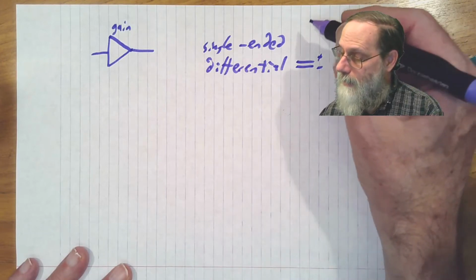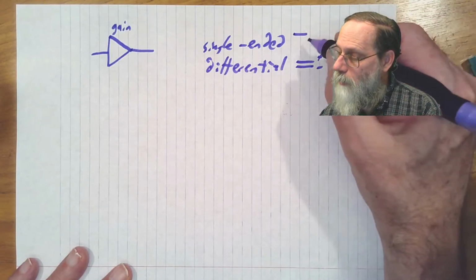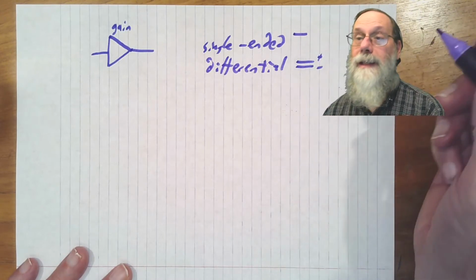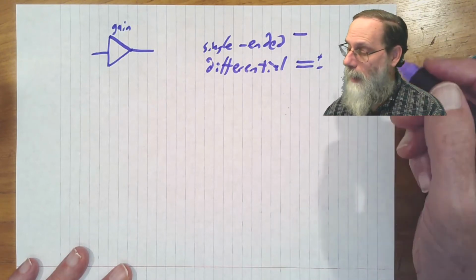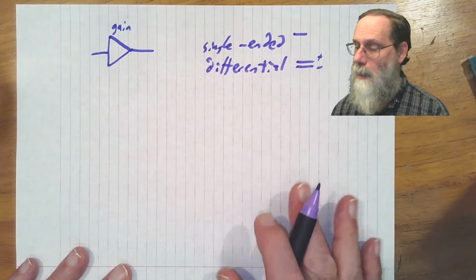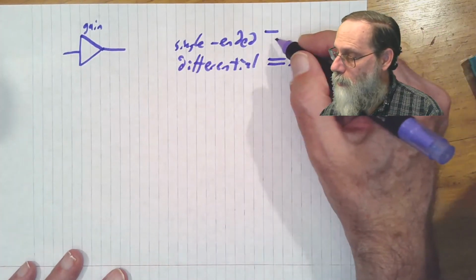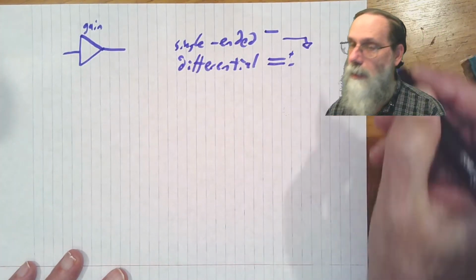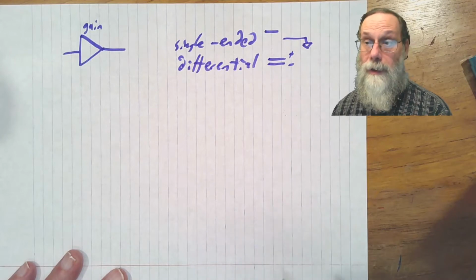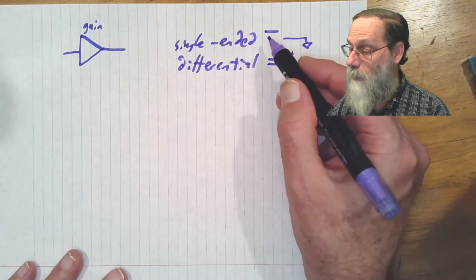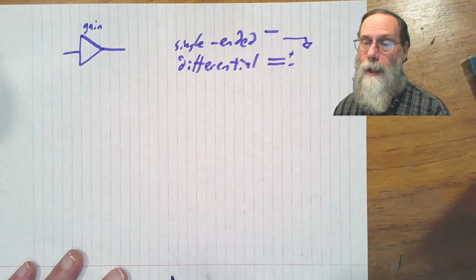When we have a single-ended signal, we are doing it with respect to some defined point in our system. And there's two possibilities. One is that it can be with respect to ground, and that's a convenient one because then you can talk about just what's the voltage at this point.